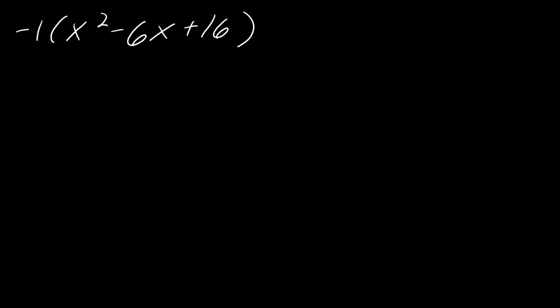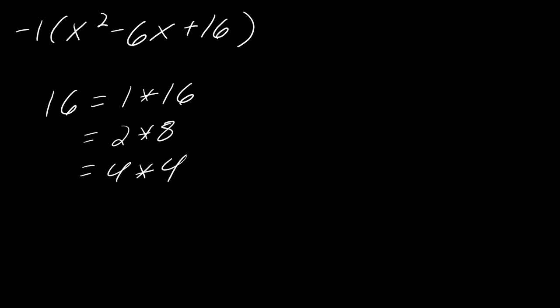Okay, so now I need to think about two things that multiply to 16 but add to -6. Things that multiply to 16: 1 times 16, 2 times 8, and I could also have 4 times 4.